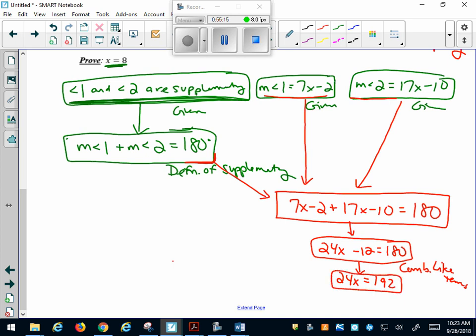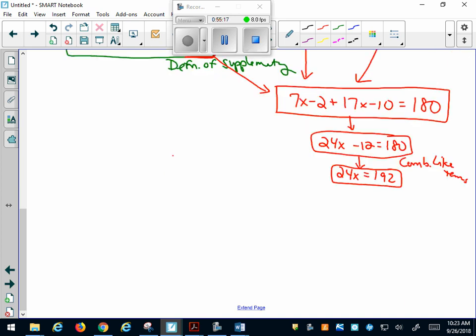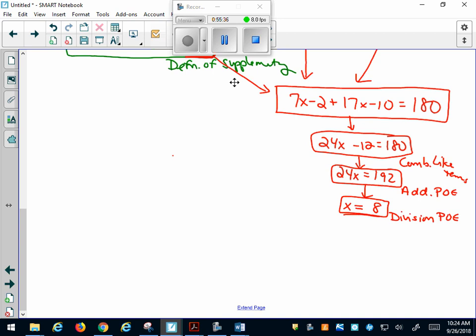Again, you just write the result of doing that addition. So addition property of equality. Then we need to divide by 24 on both sides, and we get x equals 8. Dividing on both sides is the division property of equality. And x equals 8 is what we were trying to prove. We have a reason, so we're done.